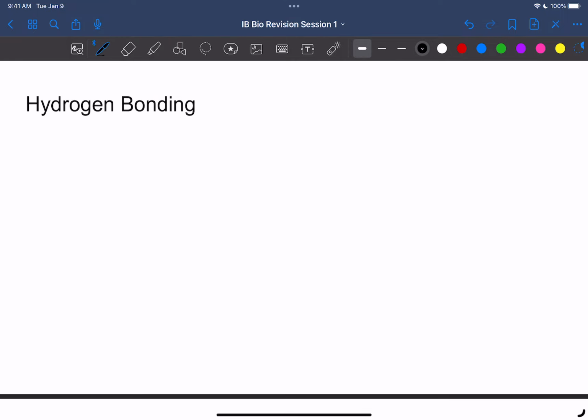We're just going to draw this process one more time, just to show you the complexity that it can have, and to show you that the lone pairs on oxygen are the things that are interacting.